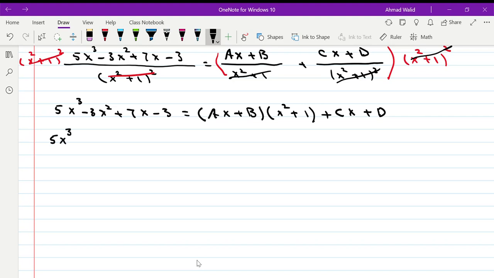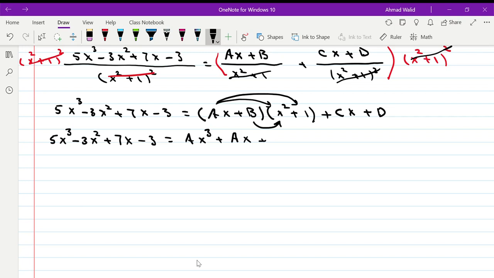5x cubed minus 3x squared plus 7x minus 3 equals, ax times x squared gives you ax cubed. Ax times 1 gives you ax. B times x squared gives you bx squared. And b times 1 gives you b. Correct?